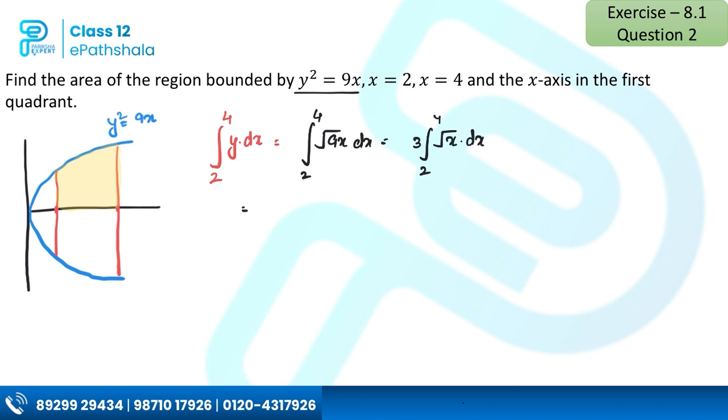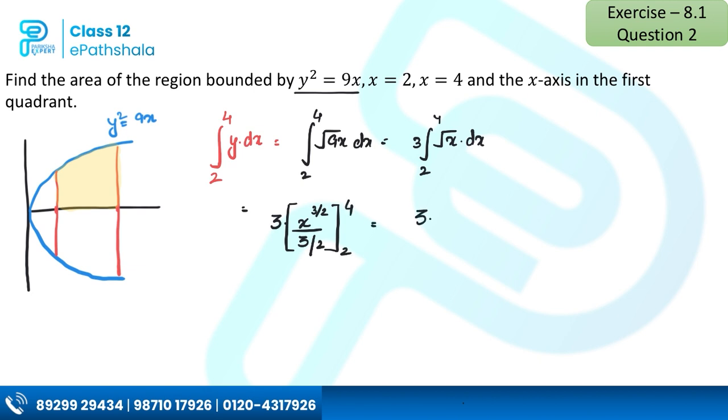Now, with 3 as constant outside, integration of root x will be x to the power of 3 by 2 upon 3 by 2, and the limits will range from 2 to 4.